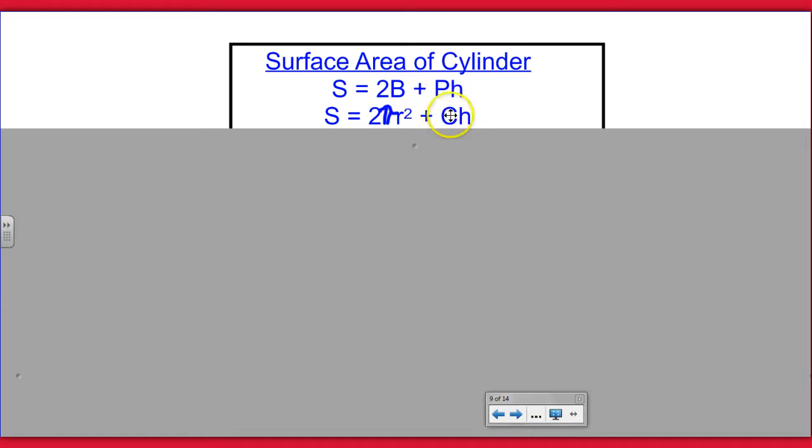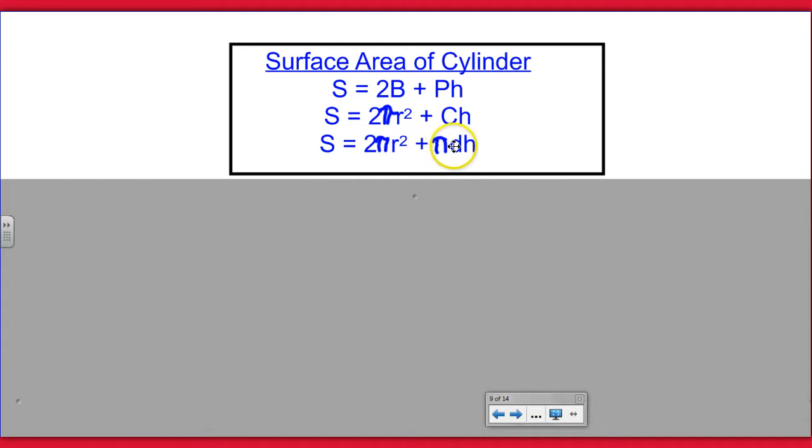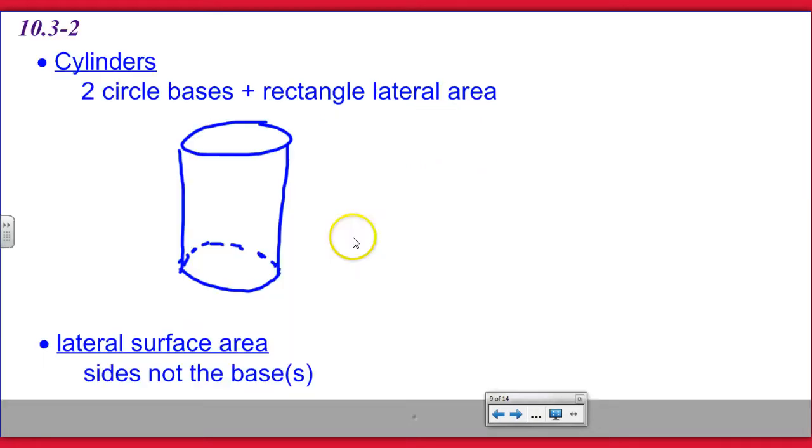And the shortest way to say what circumference equals is C equals pi times diameter. Pi diameter times the height of the cylinder gives us the lateral surface area. It's the circumference of the base times height. It's a walk around the circle base times height.